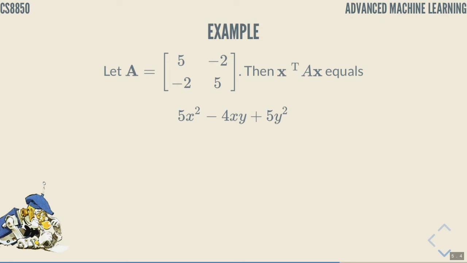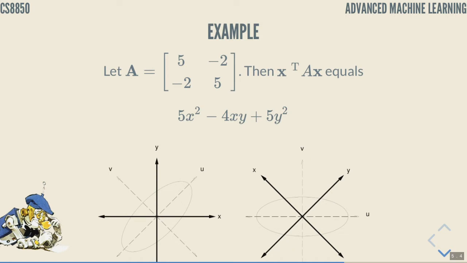Let's take an A, which is symmetric and has the same values on the diagonal. X transpose A x, the quadratic form, then equals 5x squared minus 4xy plus 5y squared. Okay, fine. But this is an equation of an ellipse.